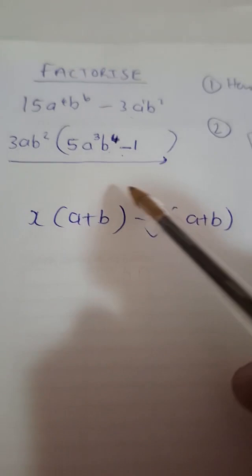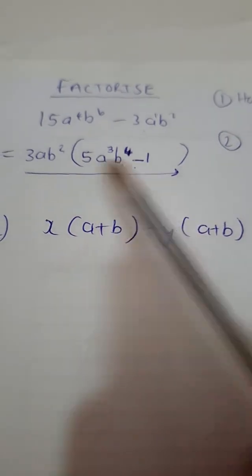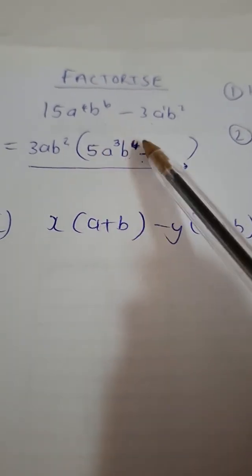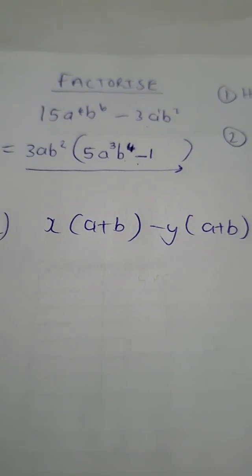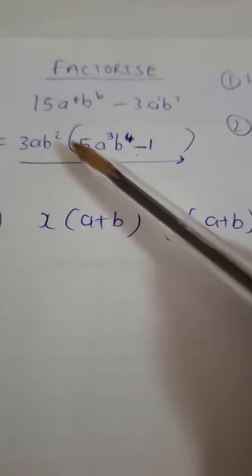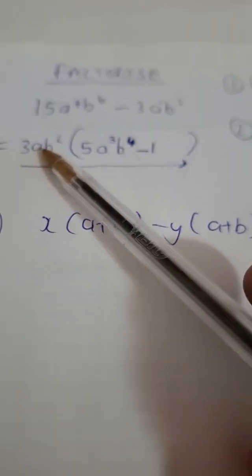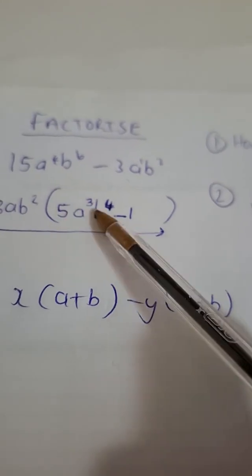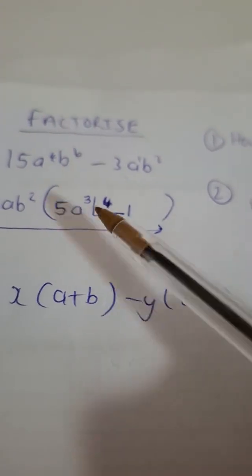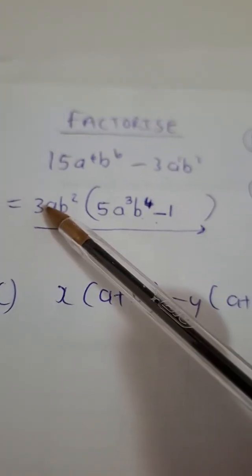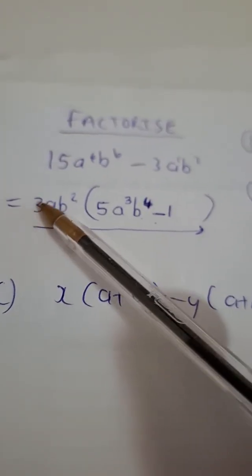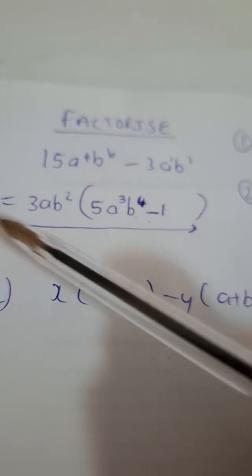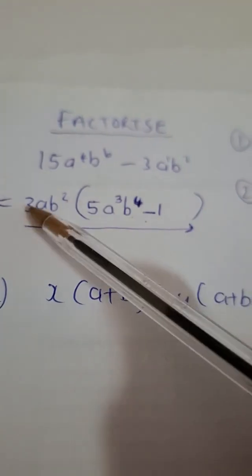Guys, when we have factorized, you can see that inside this bracket there's nothing more that you can take out. You will know that you've factorized 100% when it comes to highest common factor if you can look inside your bracket and ask yourself, is there anything more that I can take out? And you can see there's nothing more. So that means you really did identify the highest factor between 15 and 3, and that's what you took out.